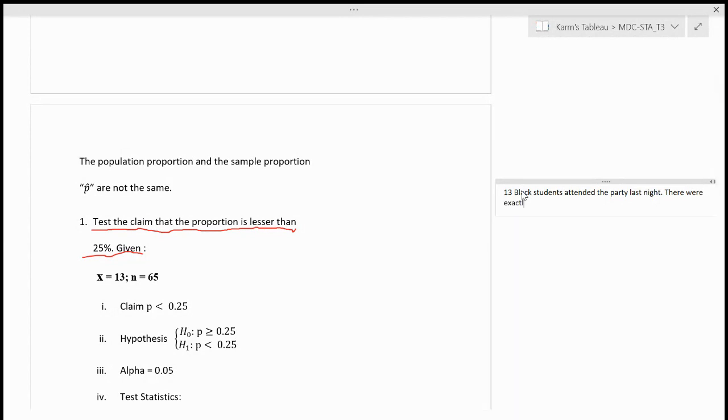Exactly 65 participants, or students. All of them are students.